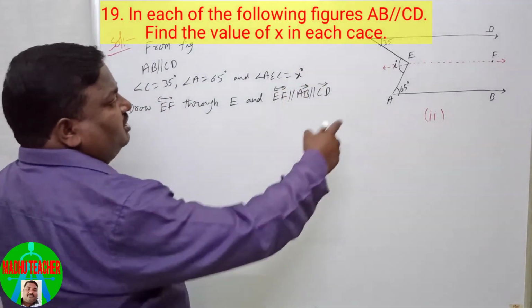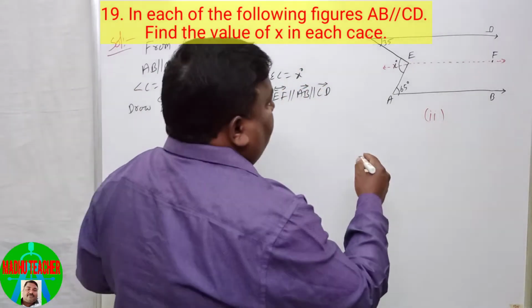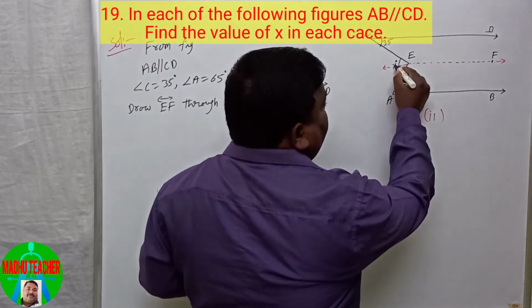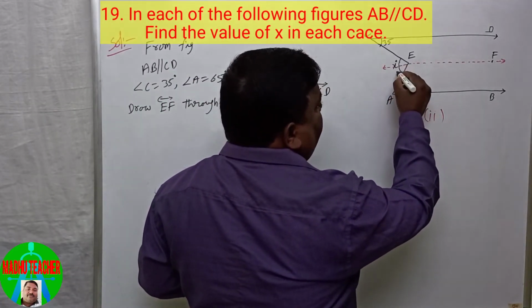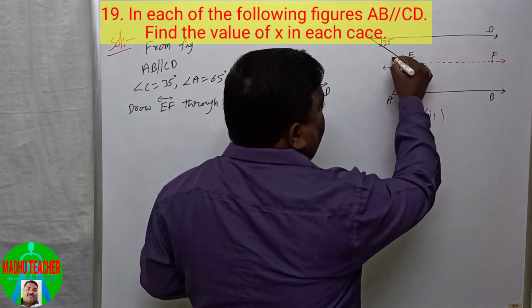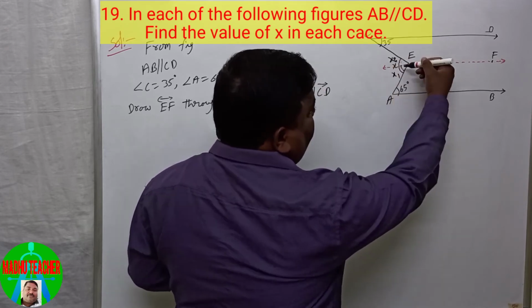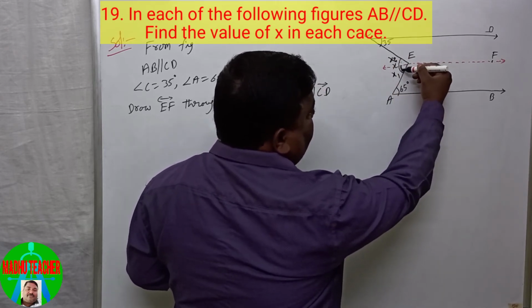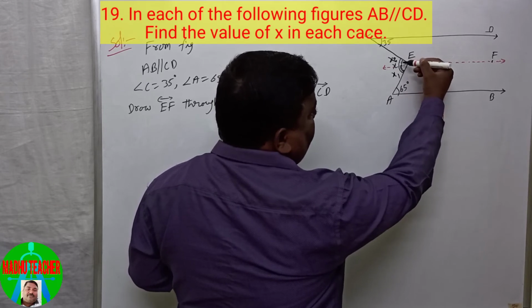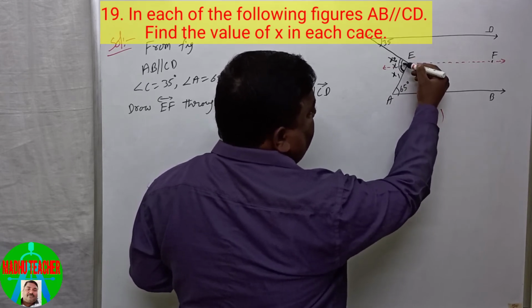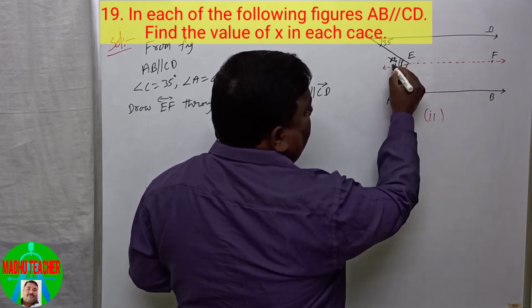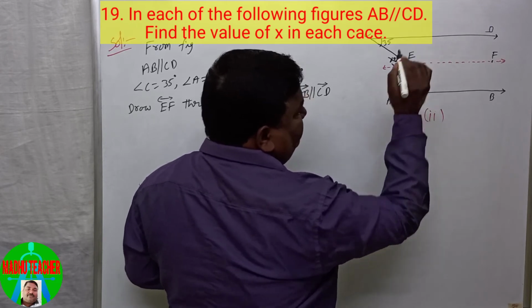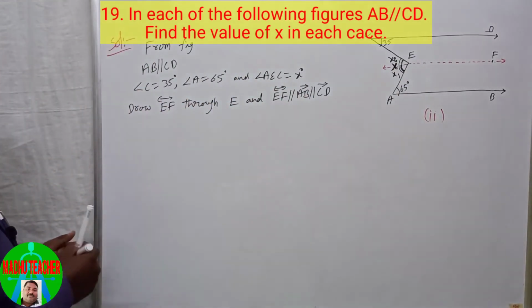Okay, so first I am taking this x divided into two parts, where this part is x1 and this part is x2. So x1 plus x2 equal to total x. Okay.